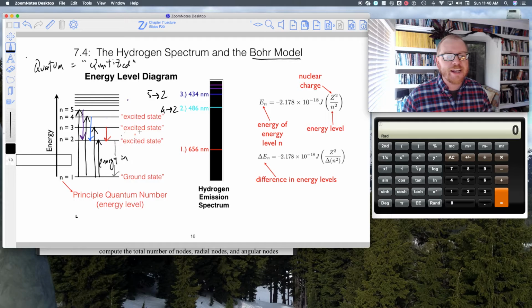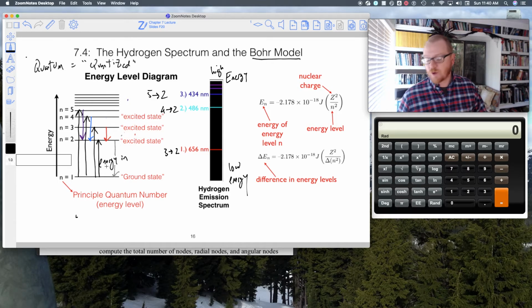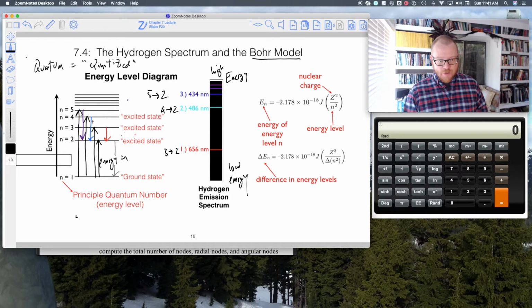And going from 3 to 2 gives you this red line, okay? And I'll remind you that this is the biggest energy, so I'll write high energy up here and low energy up here. And you can see that's why going from level 3 to level 2 only gives you a red light, because red is lower in energy than blue. So that 4 to 2, that's a bigger arrow, that's a bigger energy gap, so that requires more energy, okay?